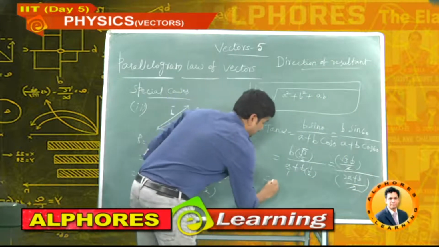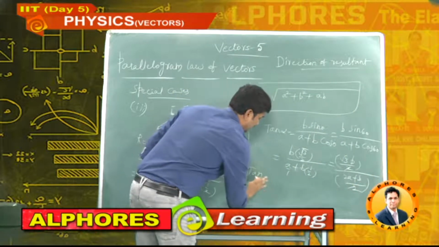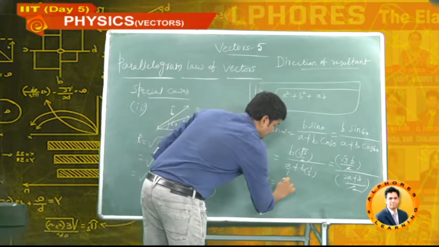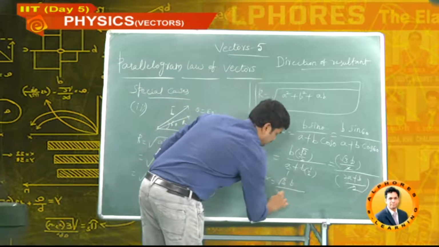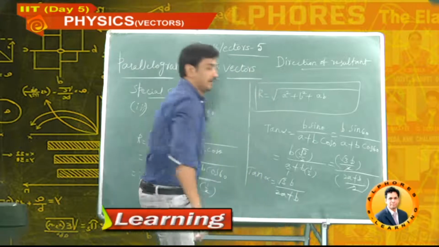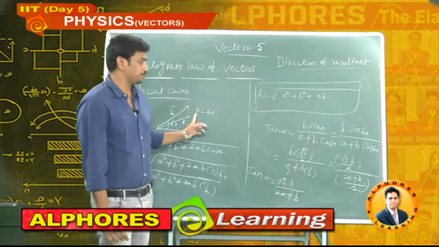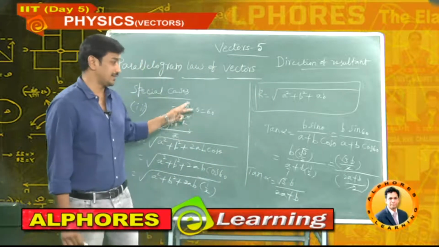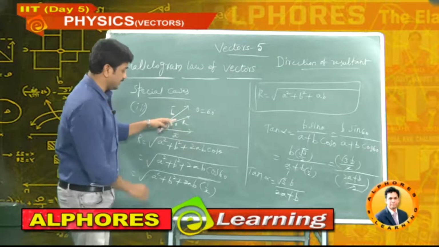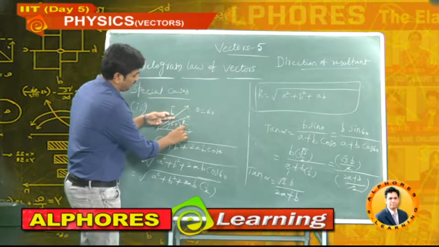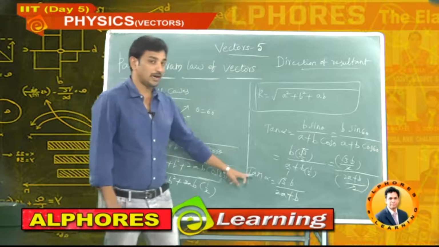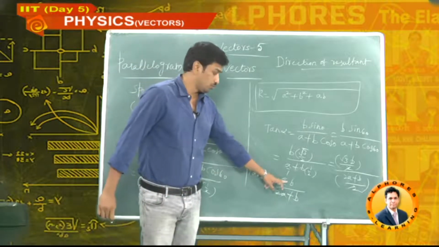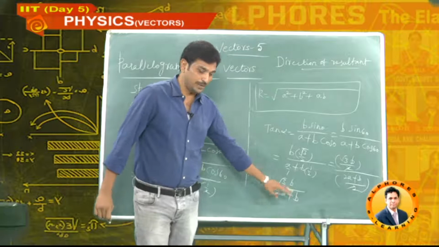Now what is the final answer? Tan alpha value is root 3B by 2A plus B. So here the angle between the two vectors is 60, and the resultant makes an angle alpha with A bar. How much? Tan alpha is equal to root 3B by 2A plus B.